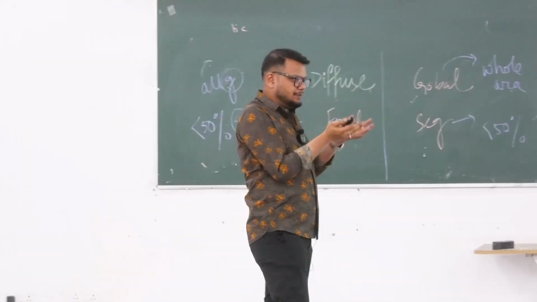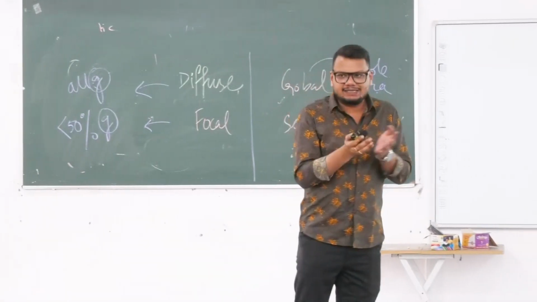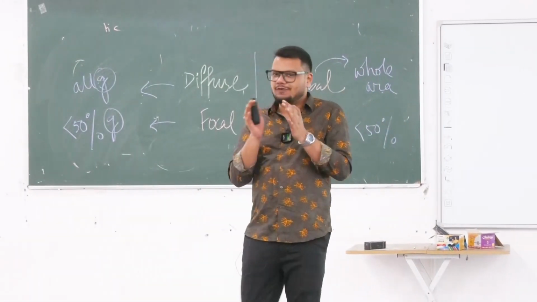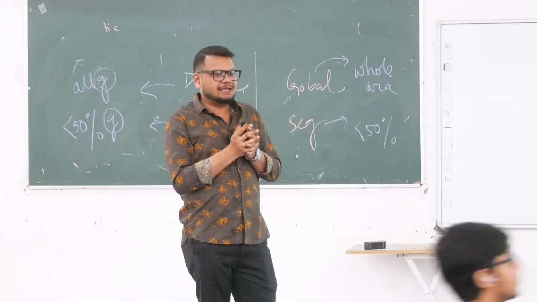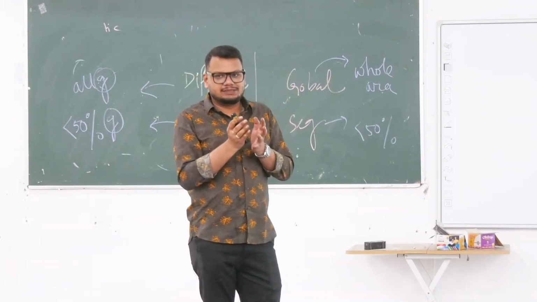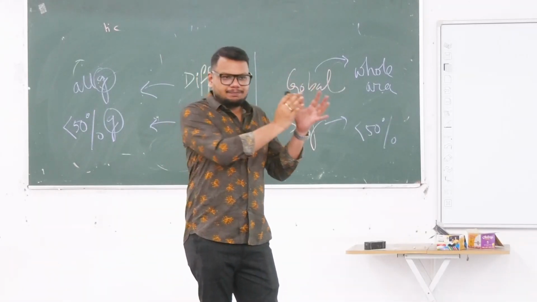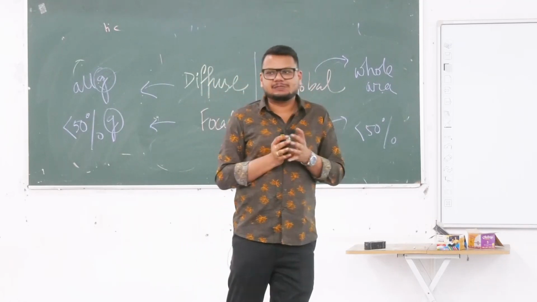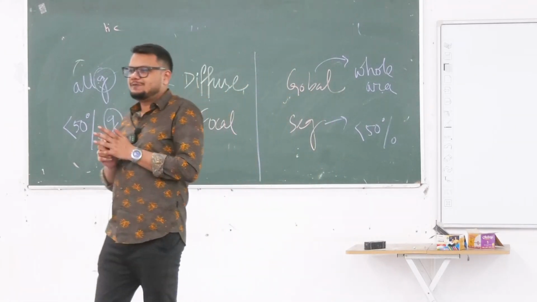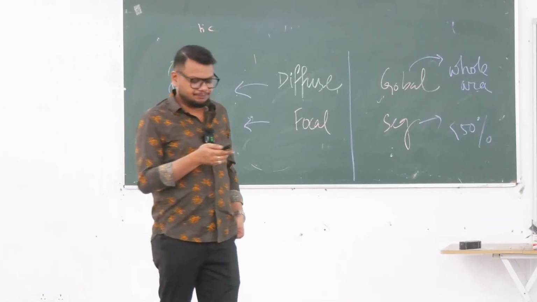It may be copper, lead, or arsenic, but it must form a bond with the metal, and the new product must be non-toxic and able to be excreted out by the kidney. Okay.